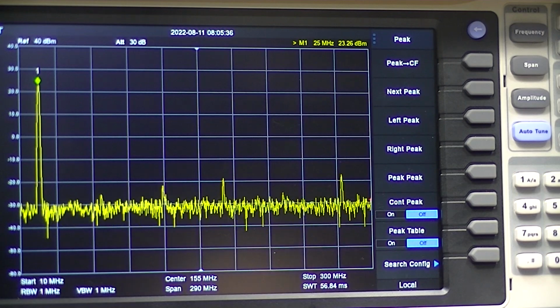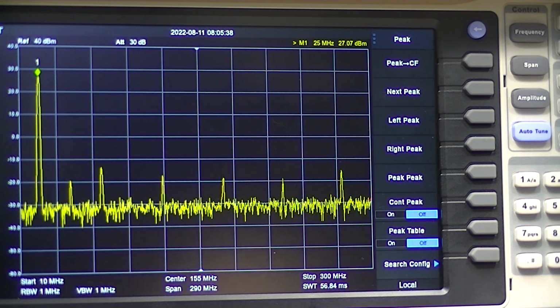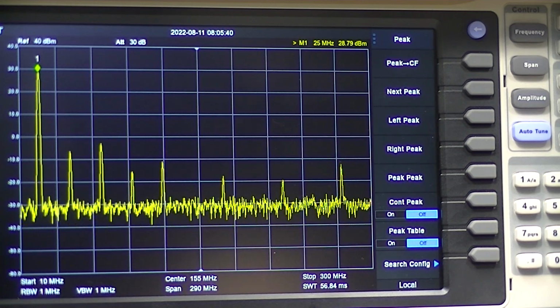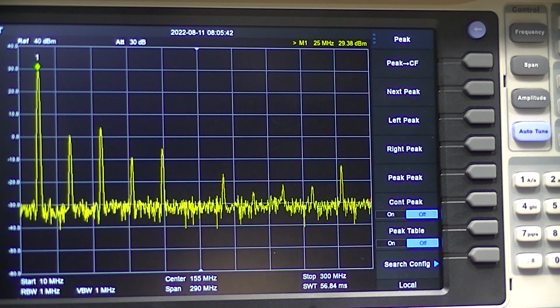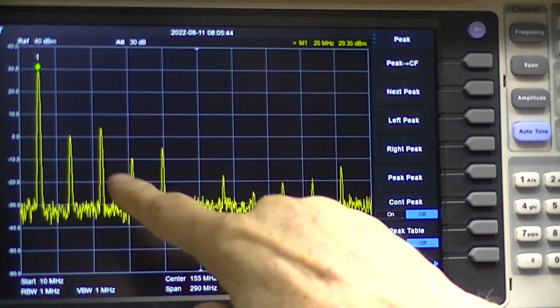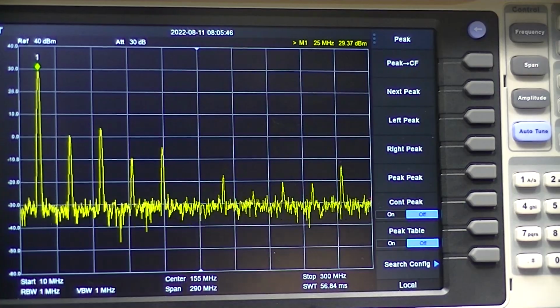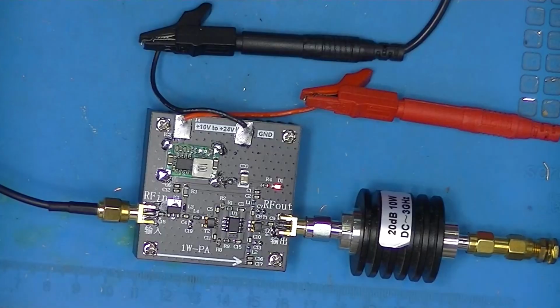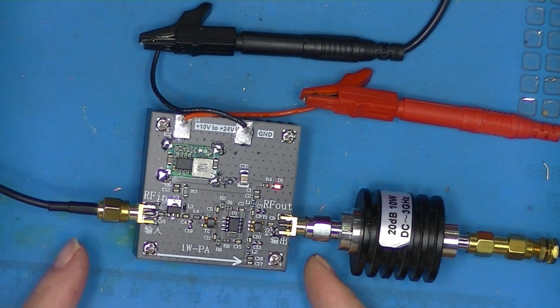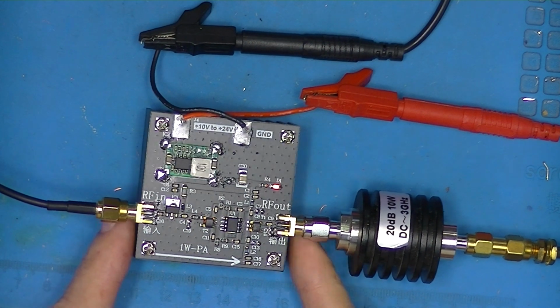But if I increase it to provide a 30 dBm output power, see what's happening? This amplifier has been operating maybe 15 minutes, and I cannot hold my fingers on the heatsink.